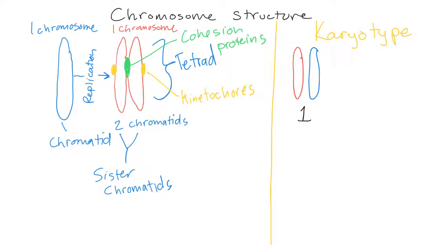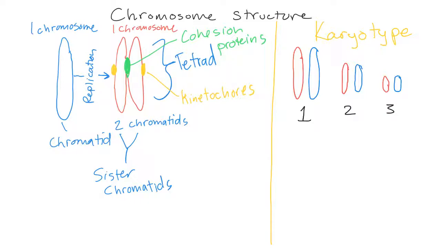This is chromosome 1. Another chromosome here. This is chromosome 2. And this is chromosome 3. So this organism only has 3 chromosomes.